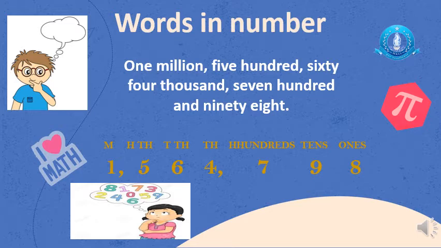And 98: 9 will come under 10 and 8 will come under 1. So it will be 1,564,798.